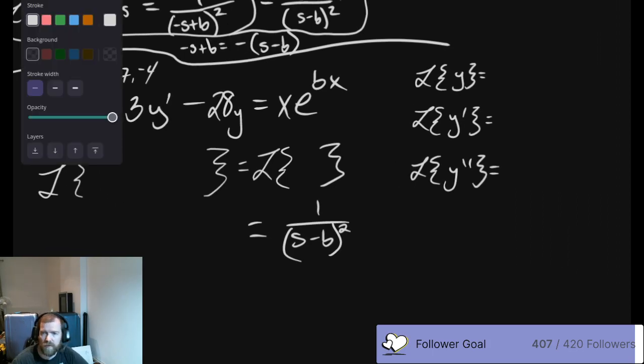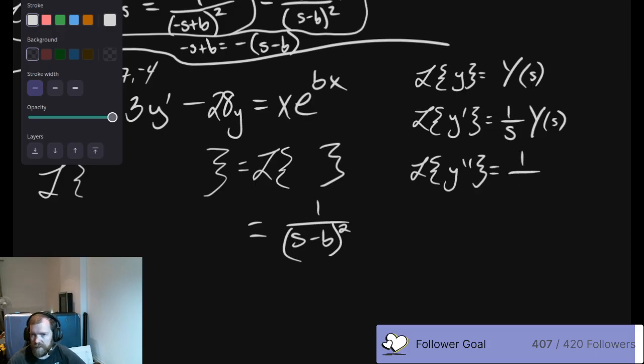The Laplace transform of y we're just going to call Y, and it's on the variable s. For y prime, if we take the derivative and put it into the big definition that we had up top, it ends up being 1 over s times Y of s, and the second derivative ends up being 1 over s squared Y of s.